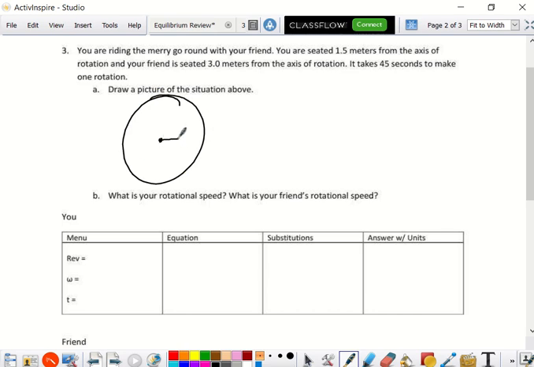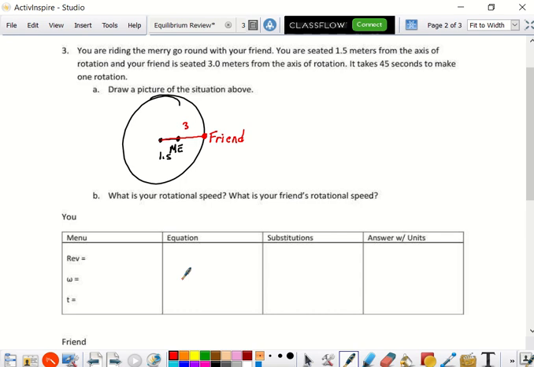I am 1.5 meters, and my friend is 3 meters. All right, there's the picture.